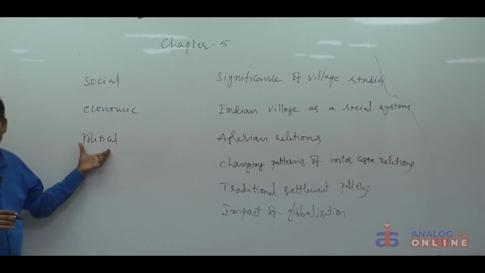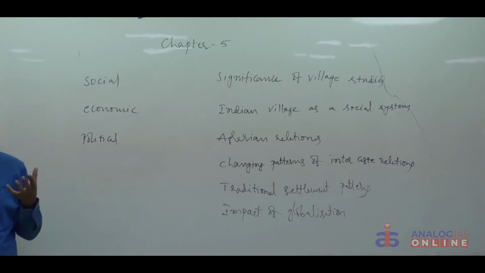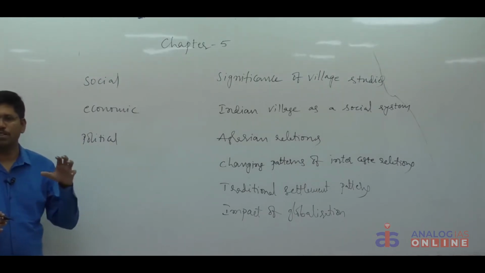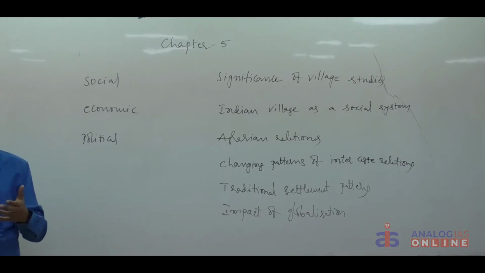The next one is political development. In the preamble, we mentioned that India is a democratic country. In a democratic country, the power is in the hands of people. For the realization of real democracy, especially in the rural areas, we resorted to democratic decentralization.